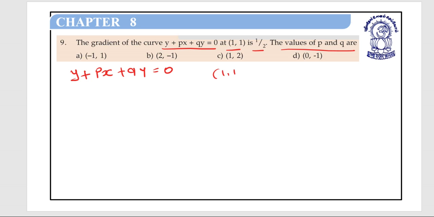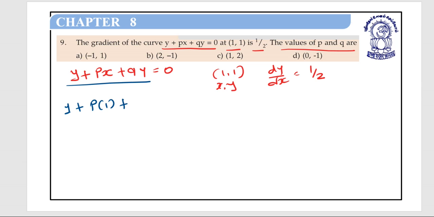Point is given (1, 1), gradient is given 1 by 2. So now put this x and y value into this equation. So y1 plus p x1 plus q1 is equal to 0. So p plus q is equal to minus 1.